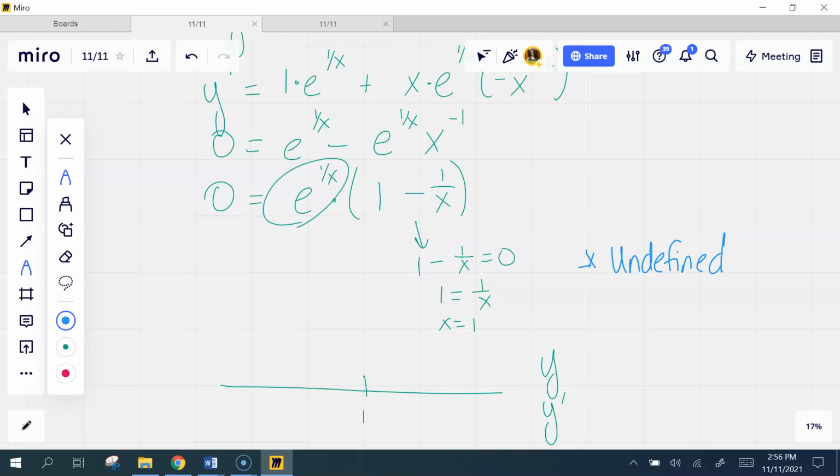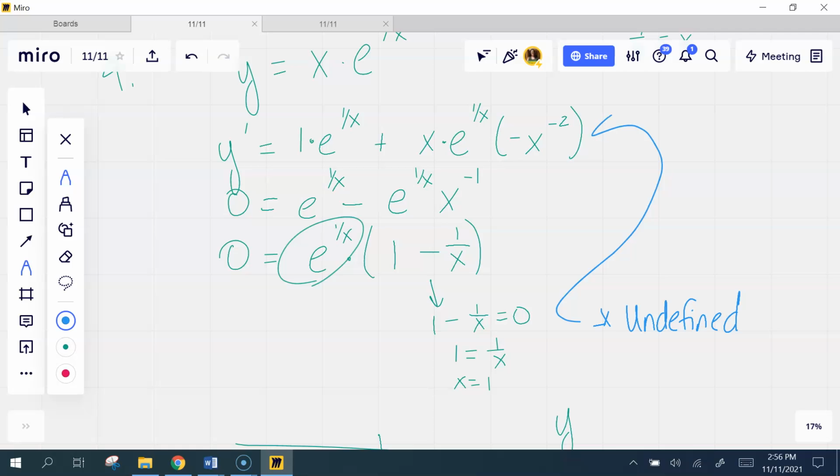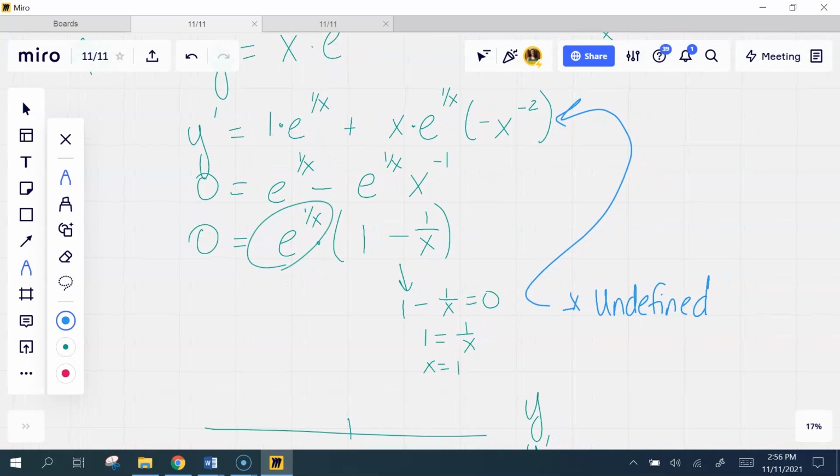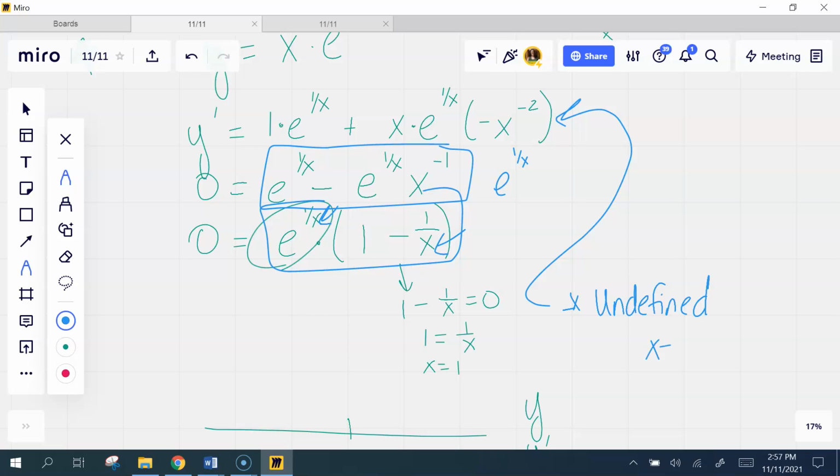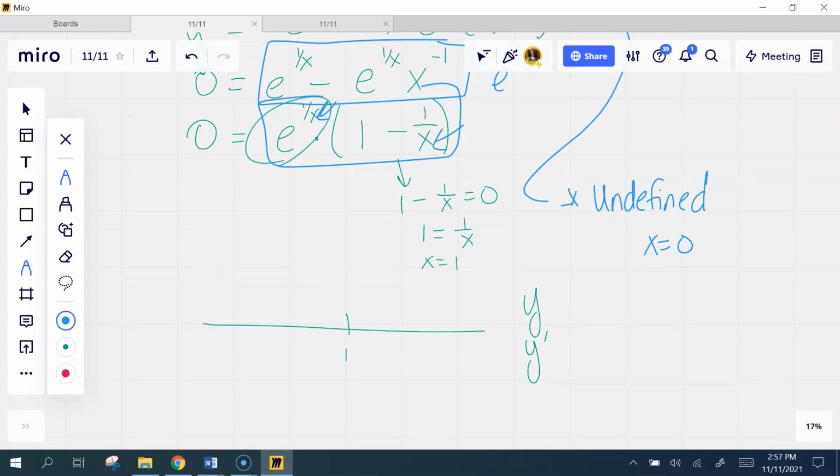So looking at the derivative, which is here, this is a little more simplified version of the derivative, the only place that I would be undefined is if I'm dividing by 0, right? And the only time I'd be dividing by 0, this is actually e to the 1 over x. Now, this is an easier one to look at. But I can't have an x in the denominator here or here. So I need to look at where x equals 0 as a test point also. So I'm going to put a 0 here.